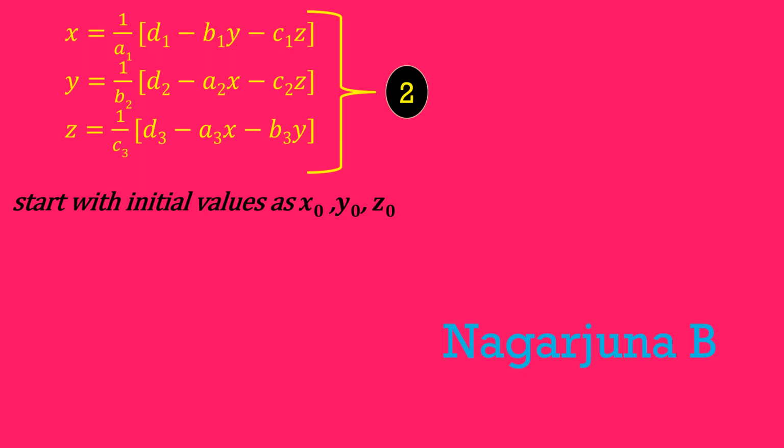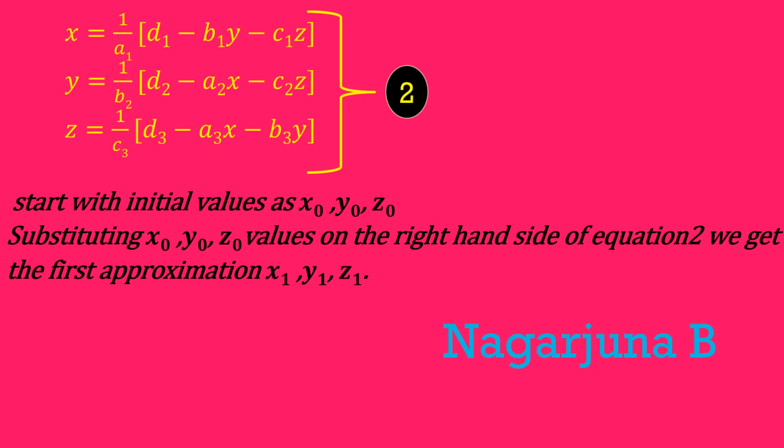If they have been given in the question, consider those values as x0, y0 and z0. Those are the initial values. Substituting these initial values on the right hand side of equation 2, there is a system of equations which has been present here.